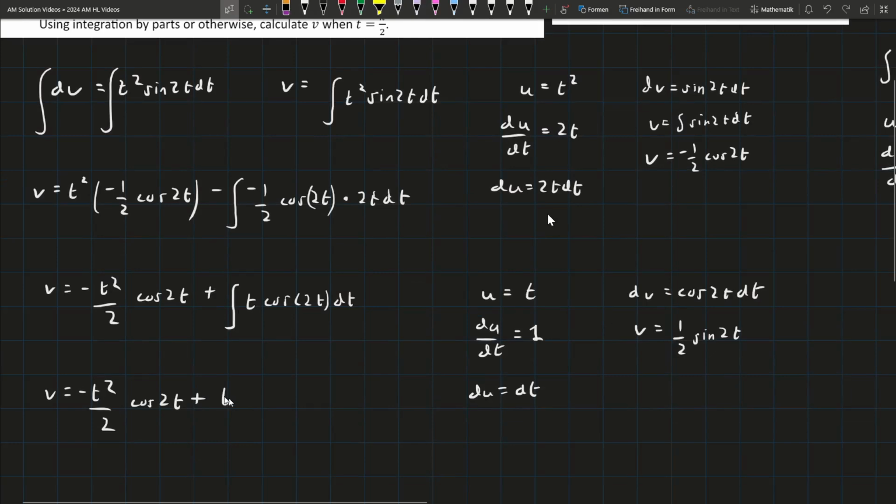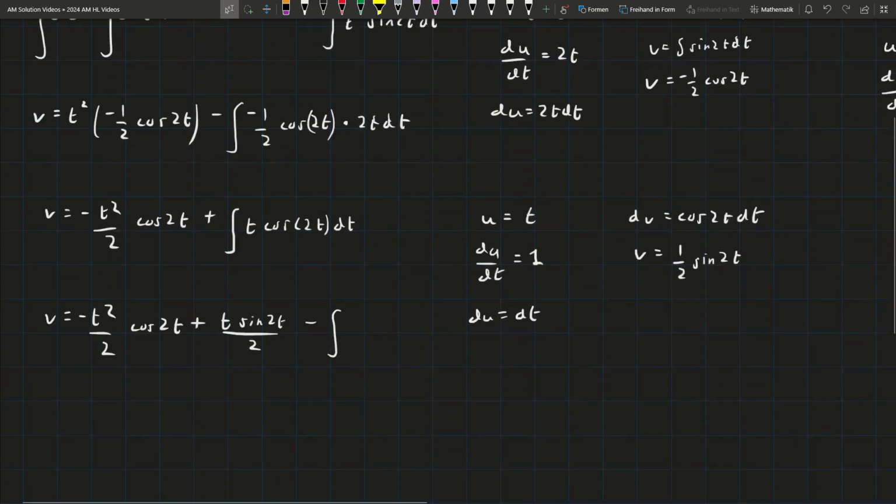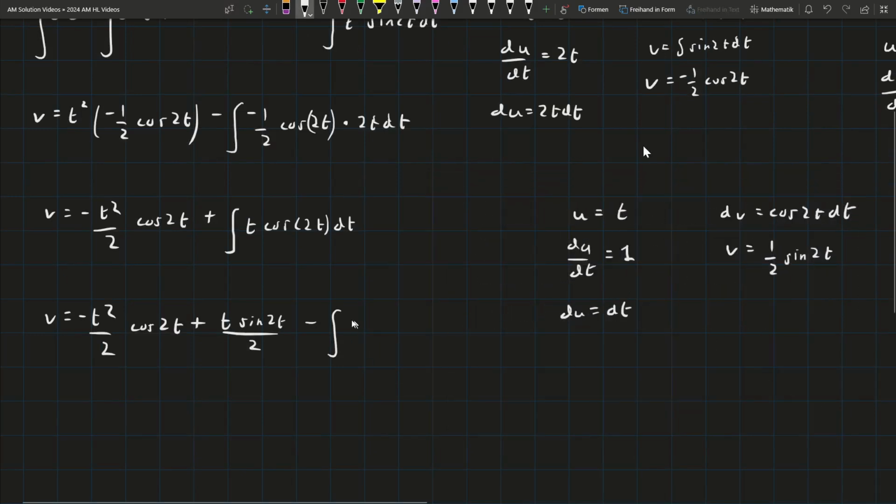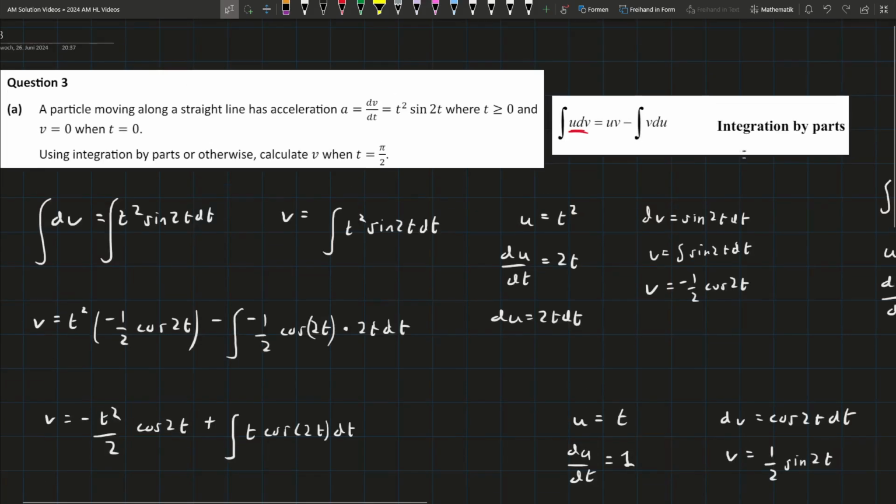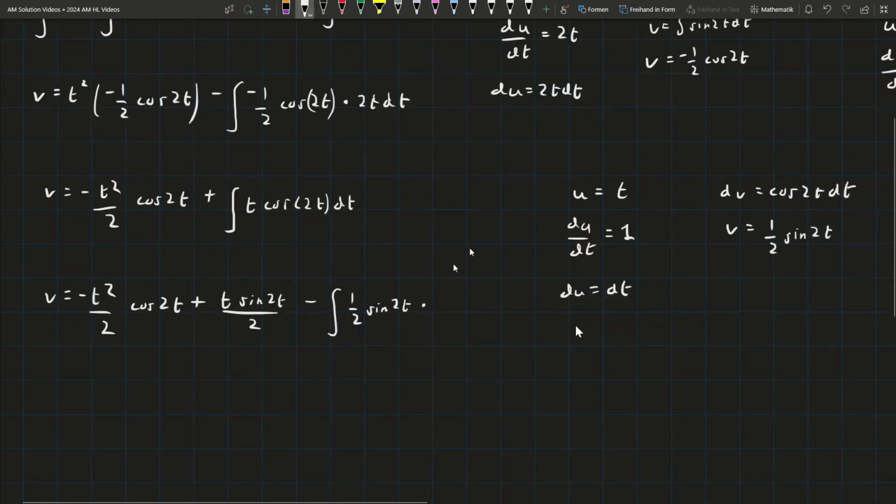So we'll have t times, and then v is sine 2t, and that's all over 2, minus the integral, and it says of v times du. So v is a half sine 2t, so I'll just move this over. So we'll have a half sine 2t multiplied by du, and du is just the same as dt. So times dt.